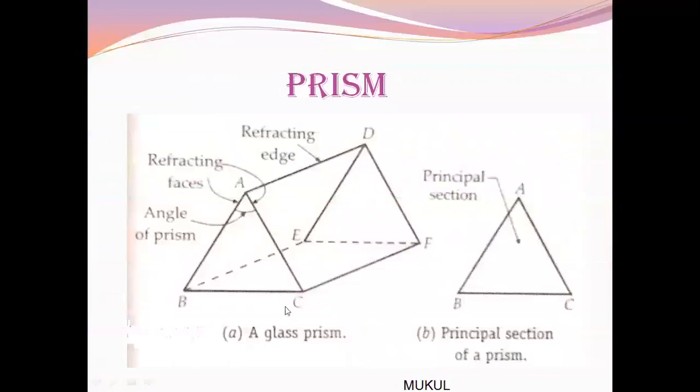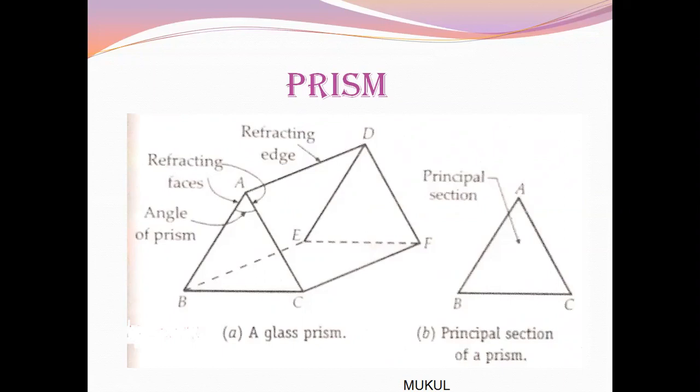Prism can be defined as when two rectangular transparent glass surfaces are inclined at a certain angle.